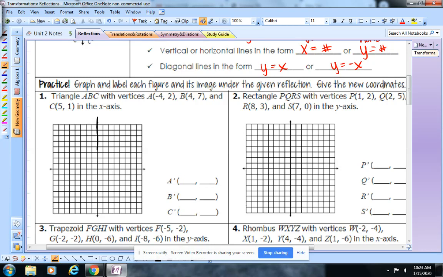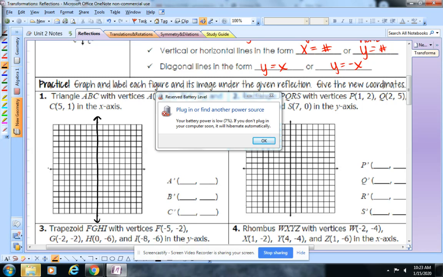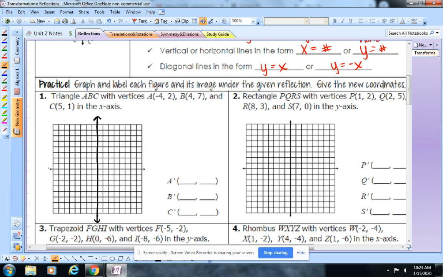All right. So the first thing we want to do is graph the original. Uh-oh, my battery's low, it says. That's what it is. Sorry. So I'm going to highlight or darken my x and y axis, and I want you to graph and label your points for A, B, and C.